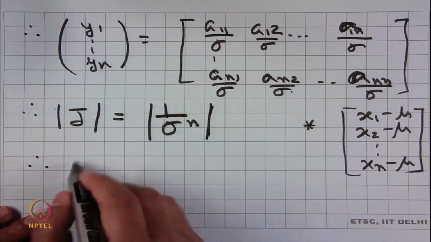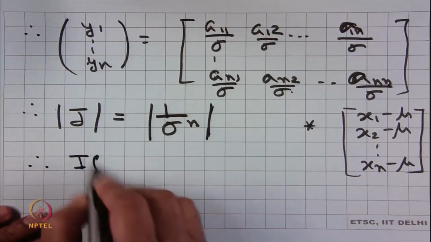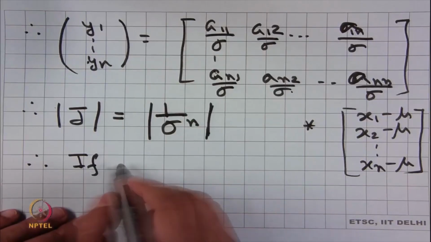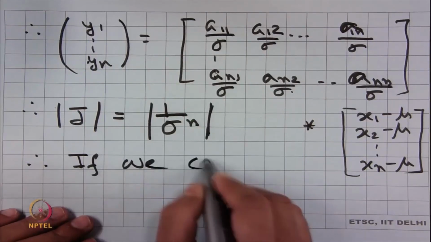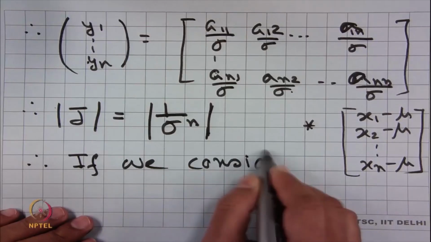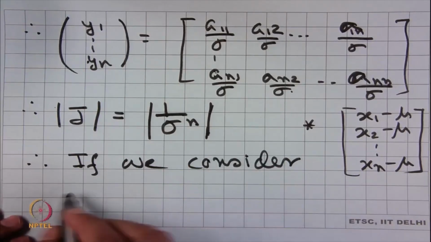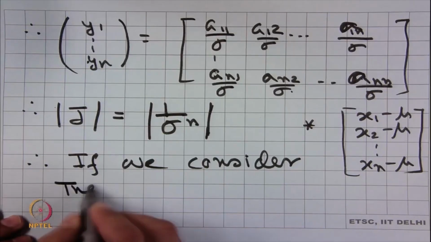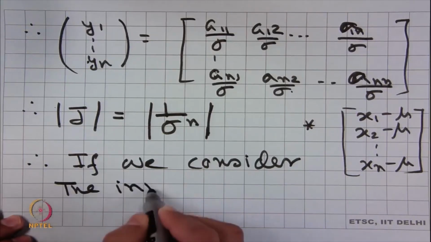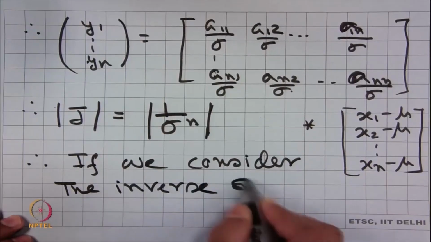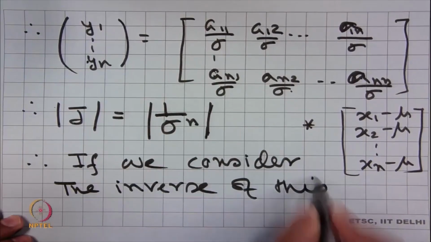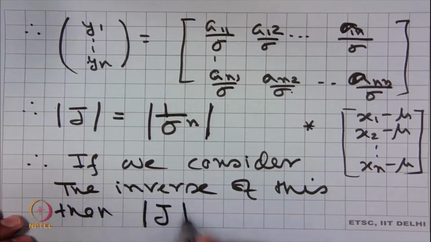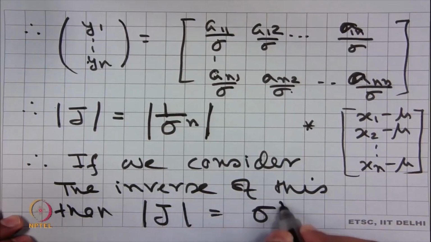Therefore, if we consider the inverse of it, the Jacobian is going to be sigma power n.